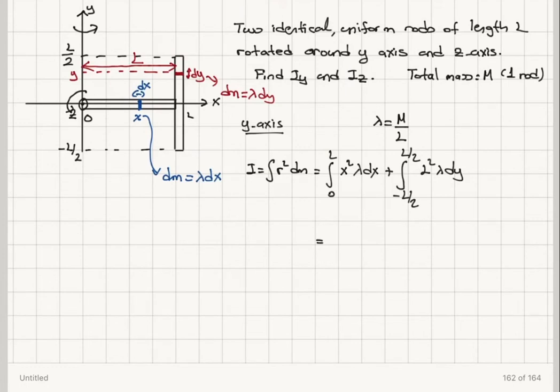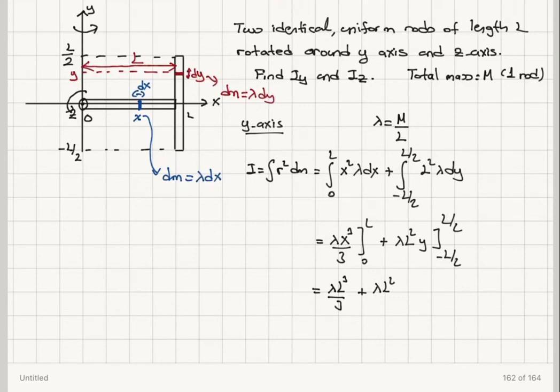Now, this is going to give me lambda x cubed over 3 from 0 to L, and this is going to give me lambda L squared y from minus L over 2 to plus L over 2, and I substitute also for lambda, M over L. So this is going to be lambda L cubed over 3.